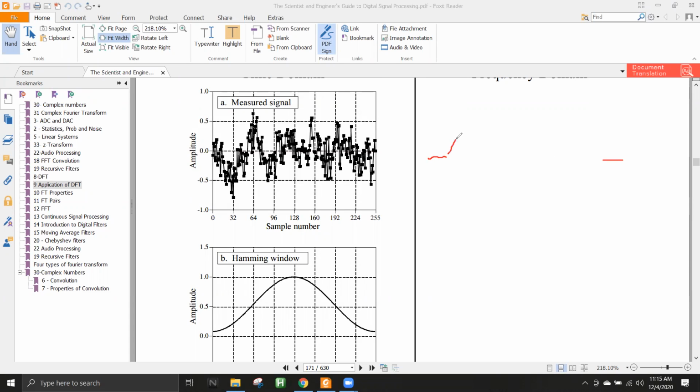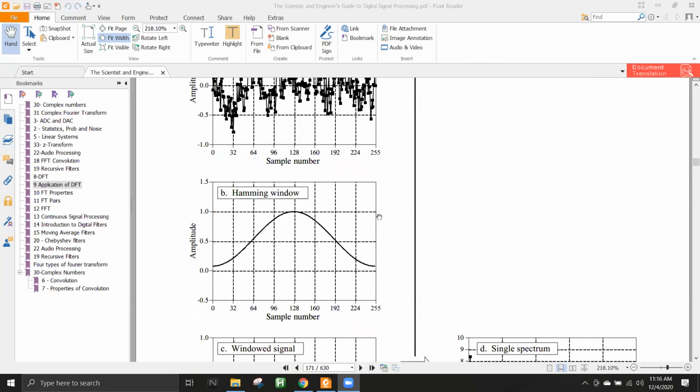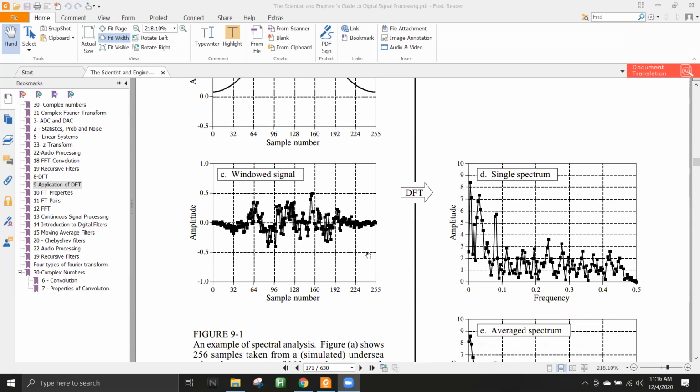In the middle part, the frequencies are almost what you're supposed to get, but in the first part and the last part, there are lots of end noises, some ripples. So instead of getting the actual values, you get some ripples. In order to reduce these ripples, the Hamming window or Blackman window may be multiplied with the time domain signal, so that in the corresponding frequency domain we do not get this.